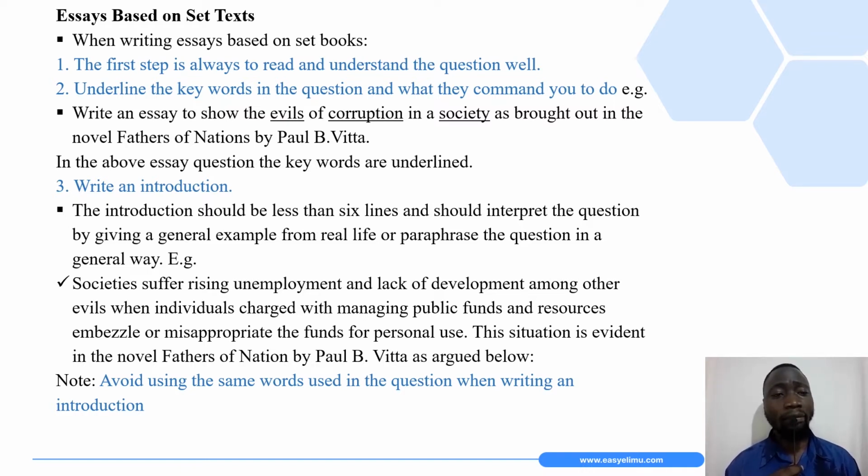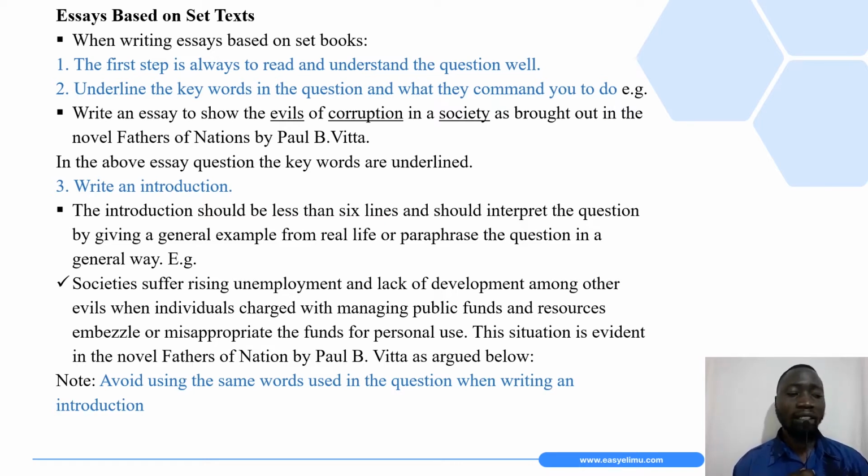So after that, go back to the question and underline the keywords in the question and what they command you to do. So in this case, you will need to absorb those keywords. So you can identify the keywords by underlining so that you refer to them when you will be writing your introduction.